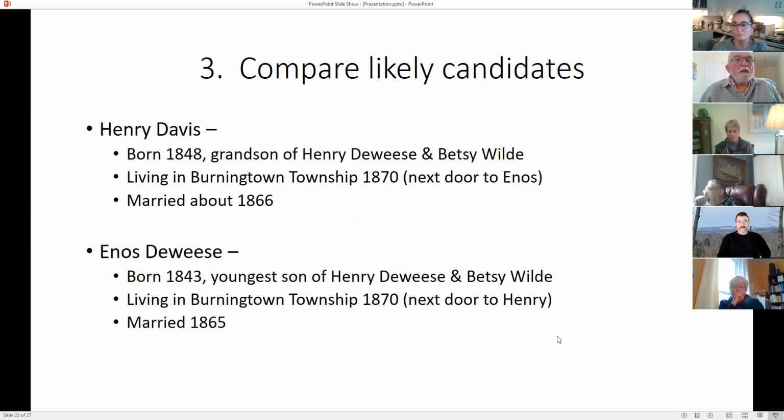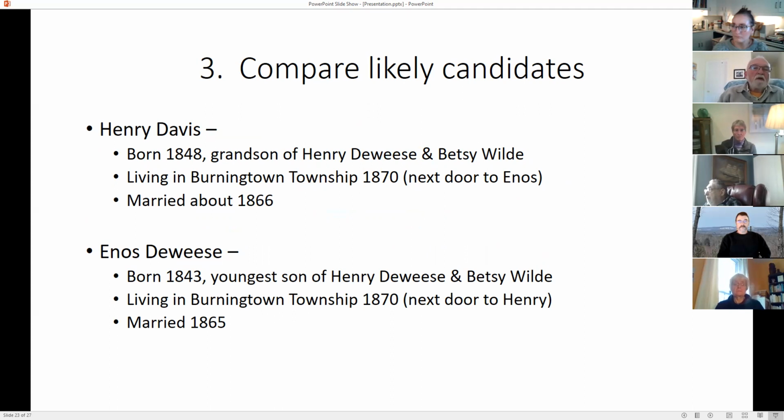Next slide. So the 2 that I found most likely that fit both age and location were Henry Davis and Enos Deweese. Henry Davis is no relative of mine in terms of the Davis, because there are Davises all over the place, and none of my Davises actually came through this part of the country. But Henry was born in 1848, and he was Henry and Betsy's grandson.